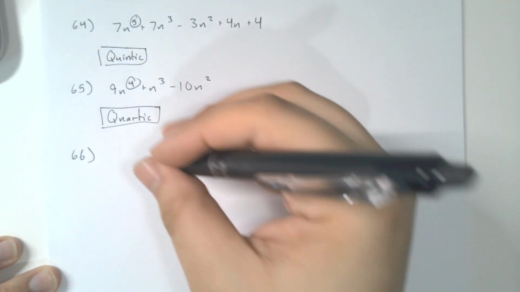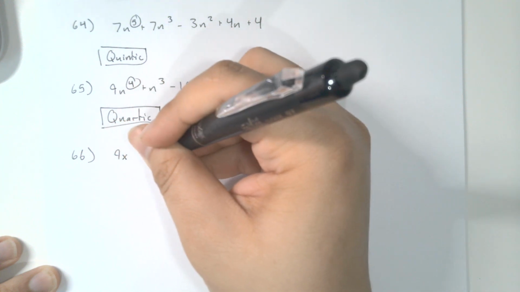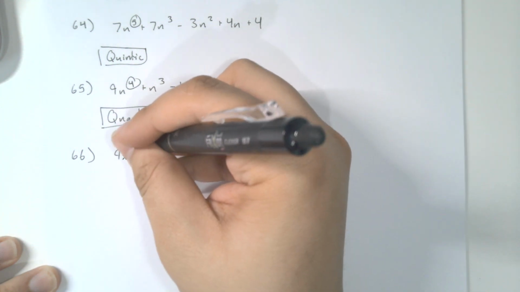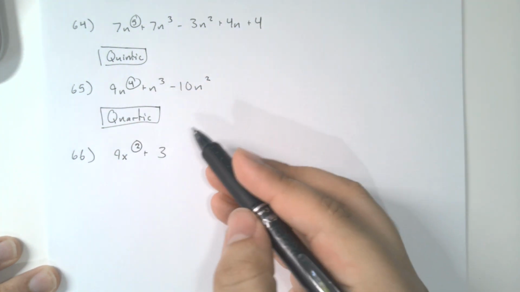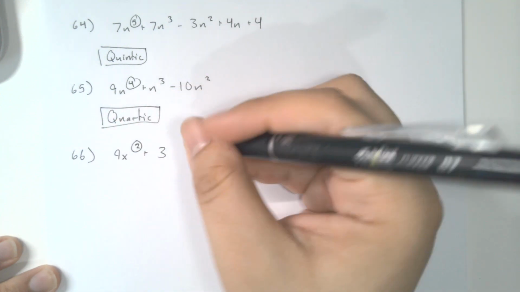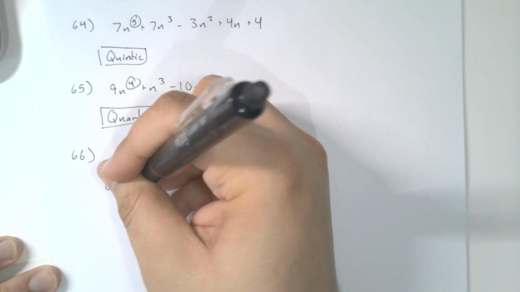For number 66, we have 9x squared plus 3. Our highest power of x is 2. Implicitly, we have x to the power of 0 for the 3. But the power of 2 gives us a quadratic.